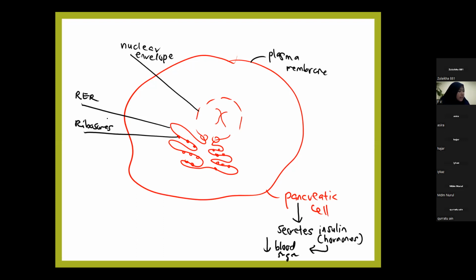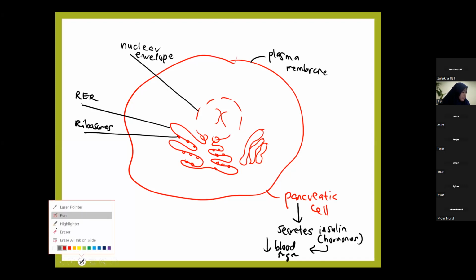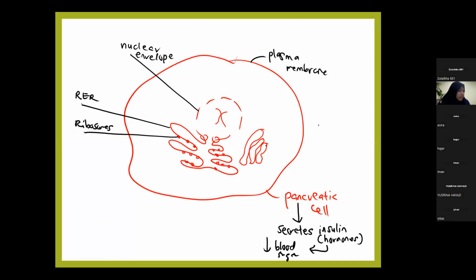After that, we can see that in the cell, we have a flattened membranous sac, membrane yang bertingkat-tingkat. Namanya apa? Golgi. Very good. So namanya Golgi apparatus.